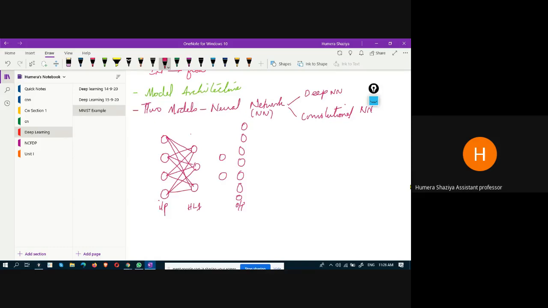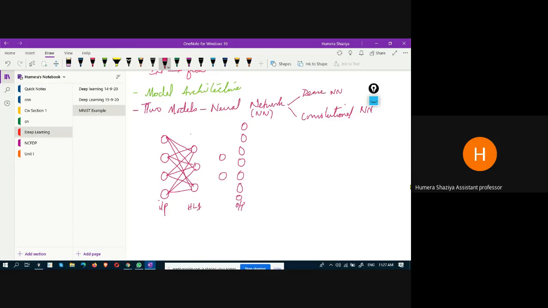This is known as a fully connected network or dense network. You could call it deep when we have more number of layers. Let us call it dense, not deep. Dense neural network.